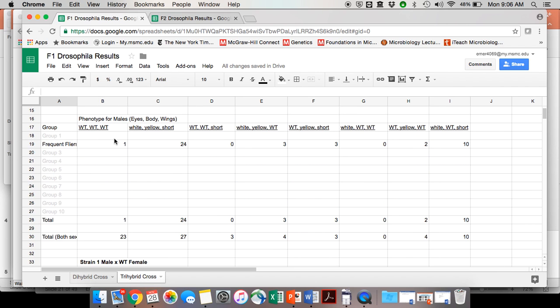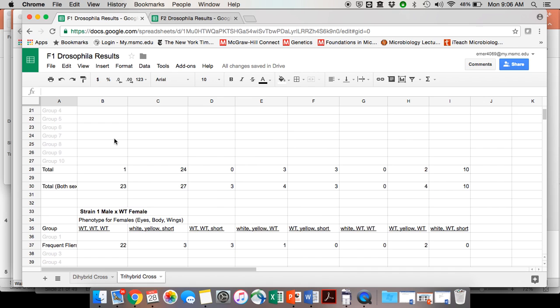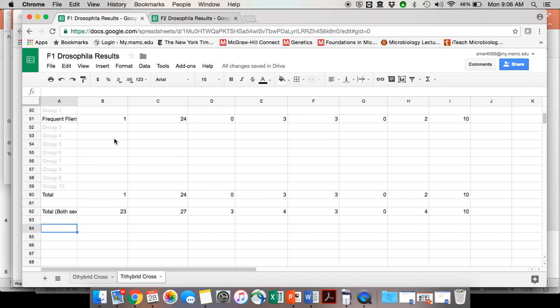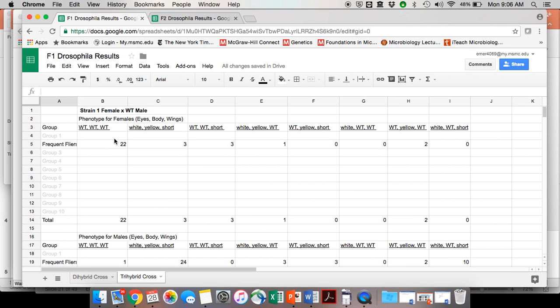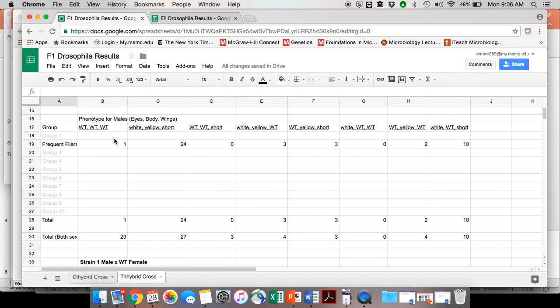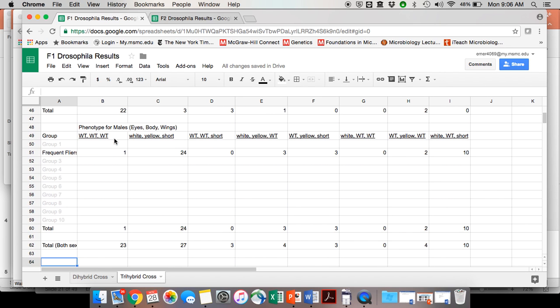And the reason is that if these genes happen to be sex-linked, then you can't combine the data for both the reciprocal crosses. Hint. So that's how you would put the data in for the trihybrid cross. It's the same way that you do it for the dihybrid cross. It's just that there's more phenotypic classes.